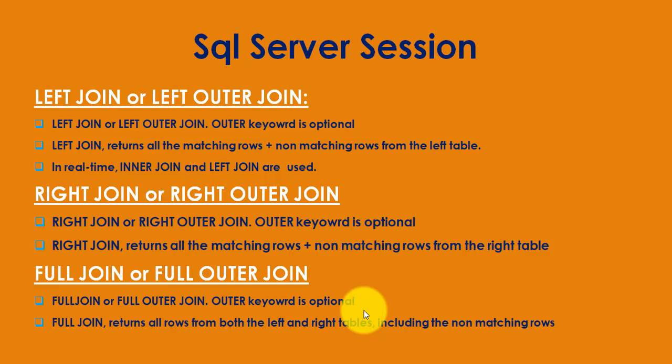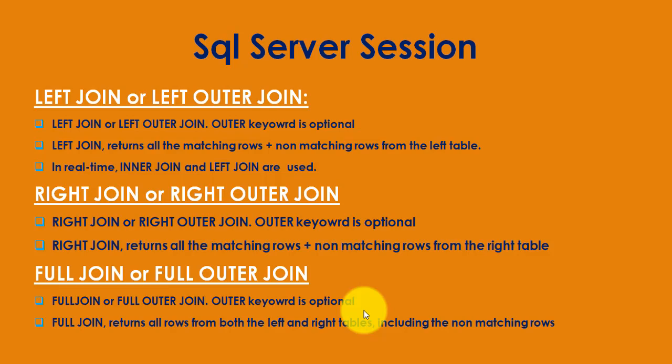In real time, inner join and left join are what you use if you work on any real-time project. In 90% of cases they implement inner join or left join in the stored procedures of your database.